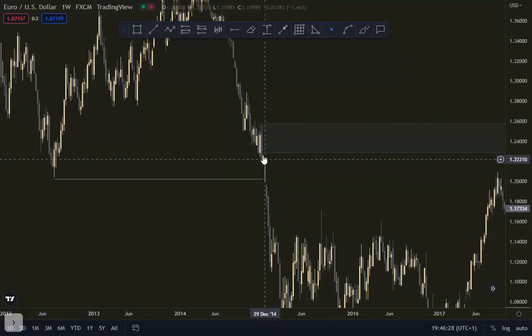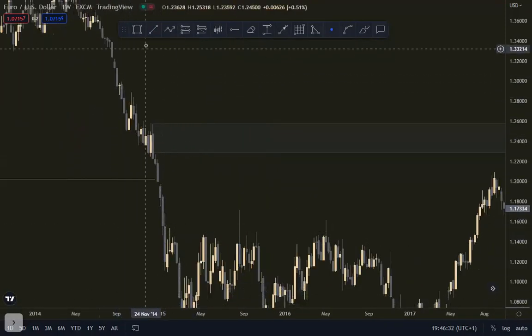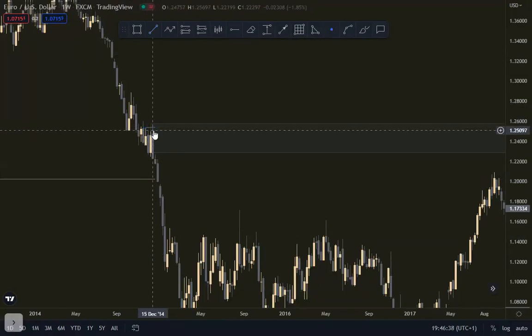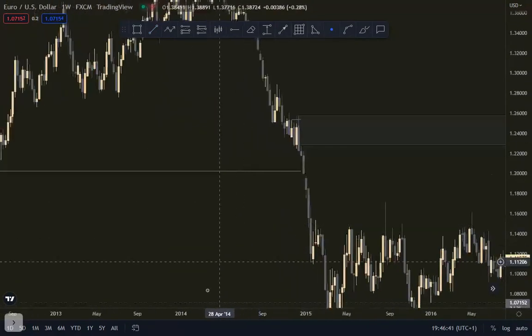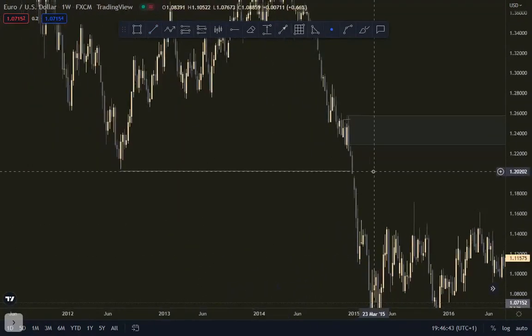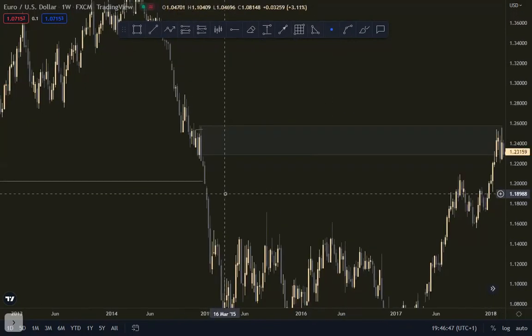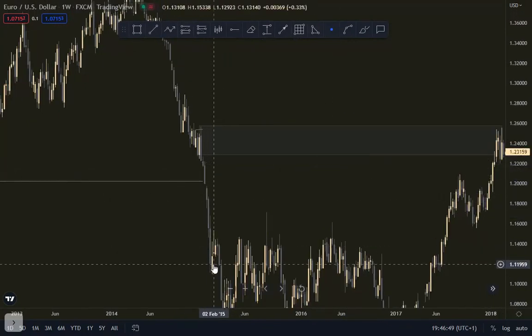So it means that it took out liquidity. If there are traders who trade candlesticks and got their stop loss above here, this candle took out the stop loss before falling. And when it fell, it broke structure. And when it broke structure, what next? It caused an impulsive movement to the downside.